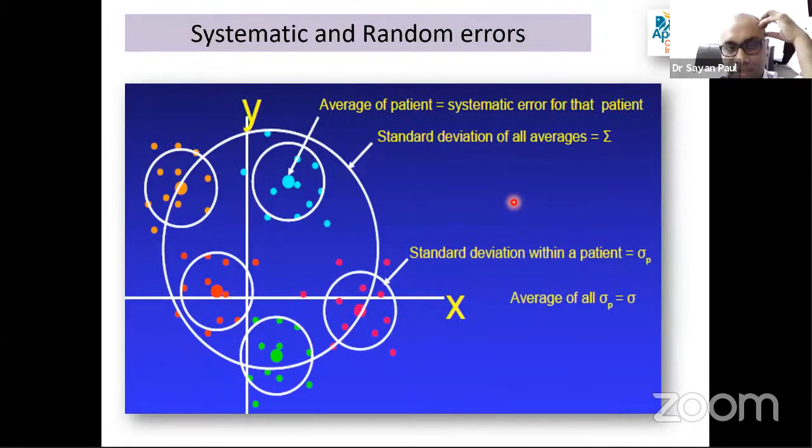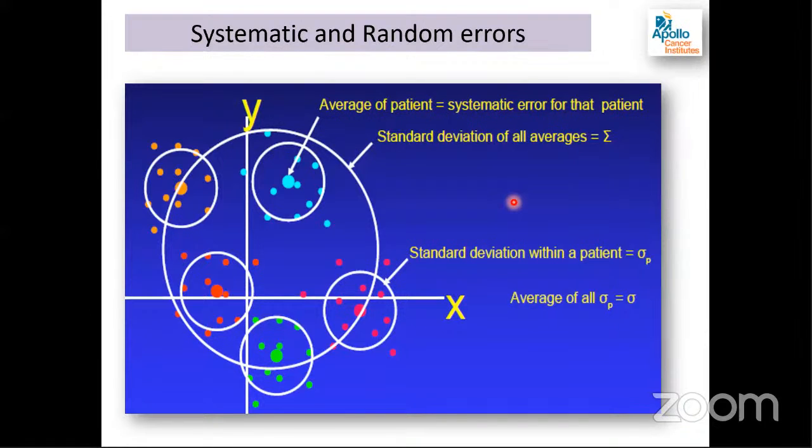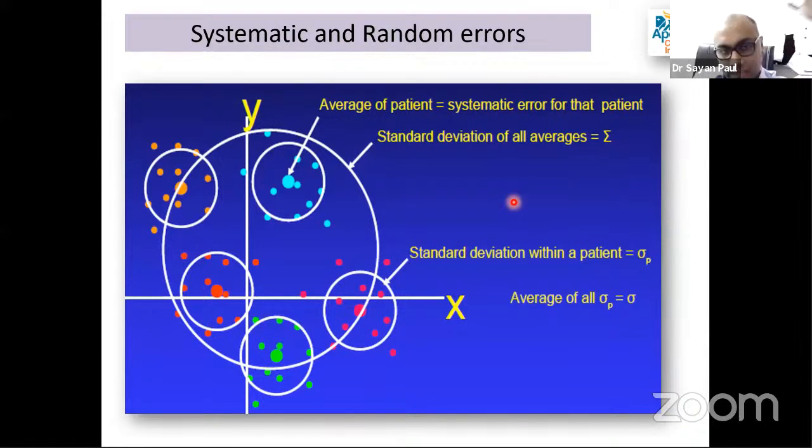So what is systematic and random error? How do you calculate it? You get the error in each direction for each fraction for the patient, the shifts that the imaging gives you. And you take an average for that patient, which is the systematic error for the patient. When you take the standard deviation of all the averages, you get the systematic error.